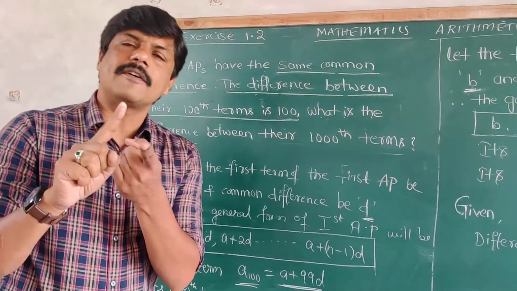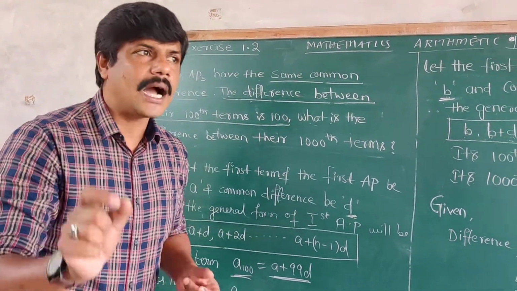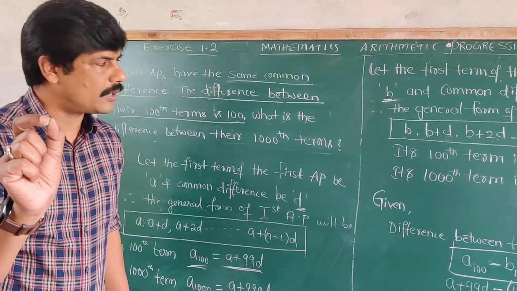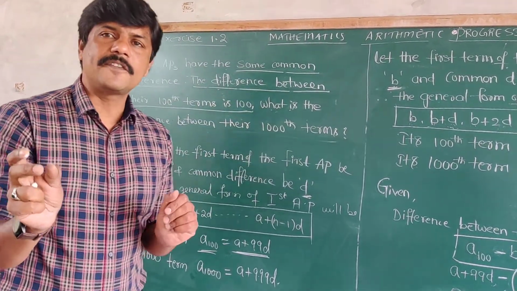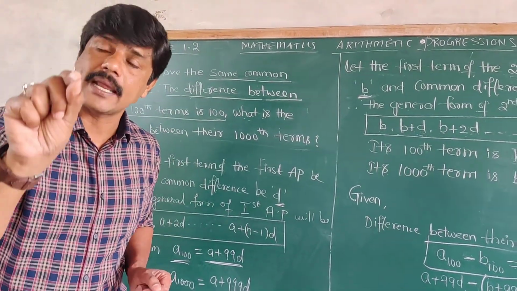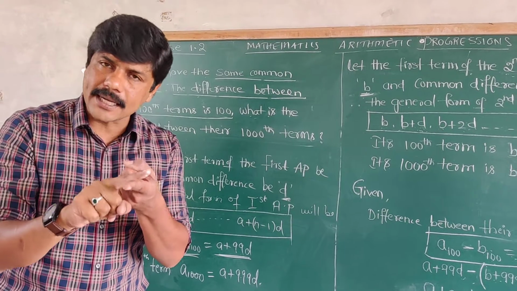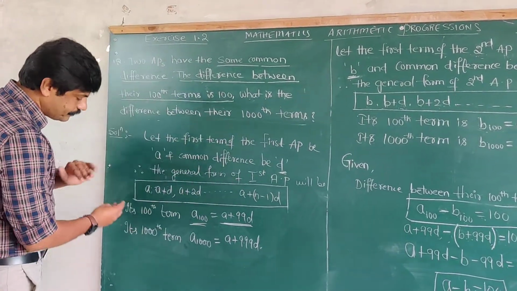That means in the first AP you should know the 100th term, and in the second AP also you should know the 100th term. And then what is the difference between their 1000th terms? For both APs, the 100th term as well as the 1000th term is required.